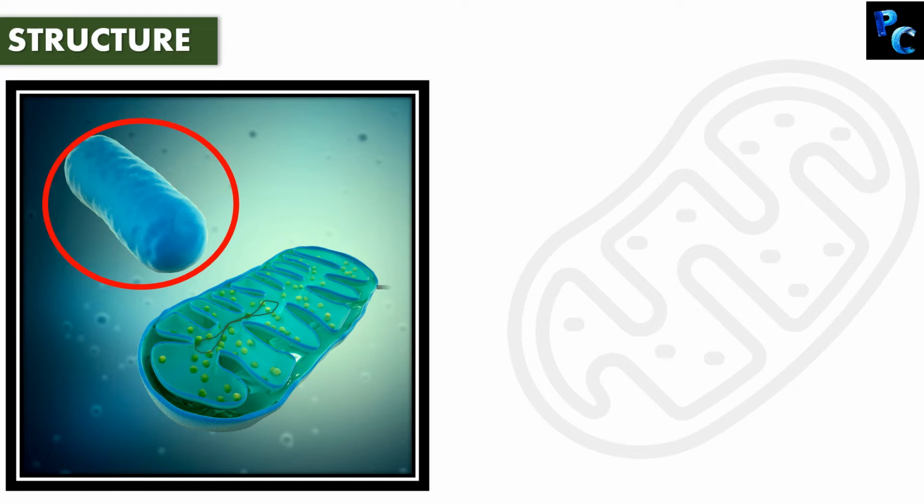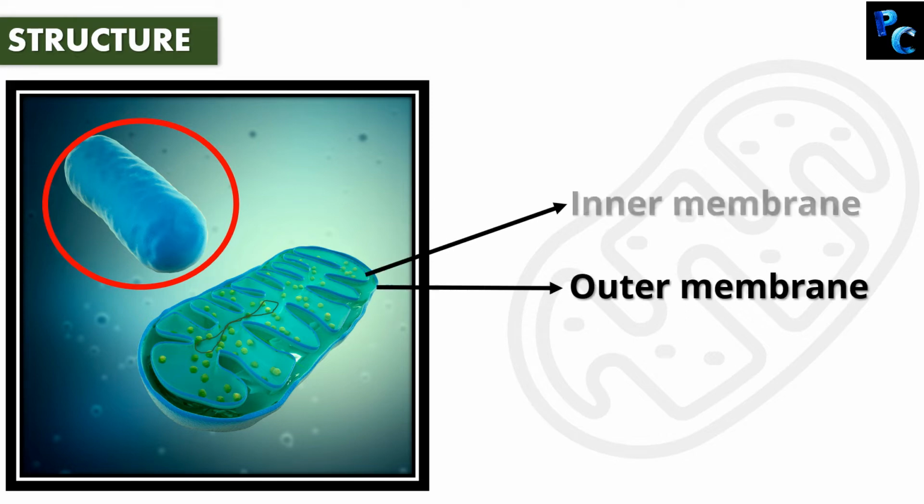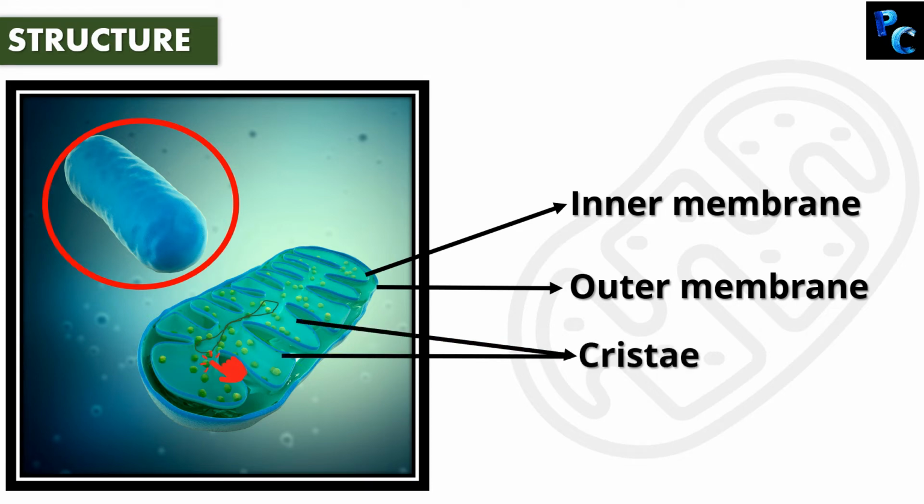There are two membranes, the outer membrane and the inner membrane. Can you see the inner membrane has so many folds? These folds of the inner membrane are called cristae. Remember, not cisternae that we saw in endoplasmic reticulum and Golgi apparatus.